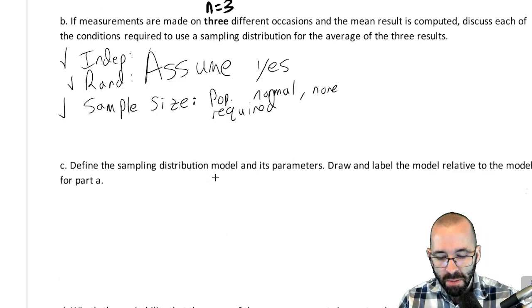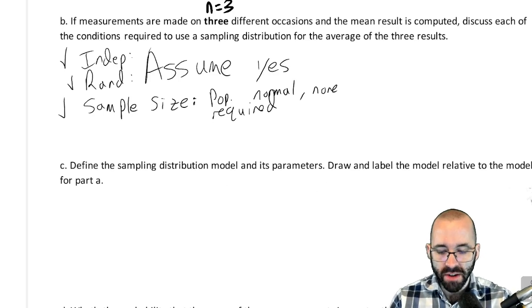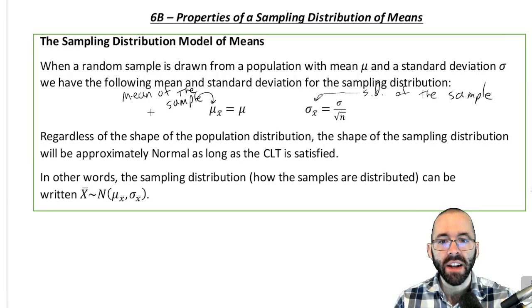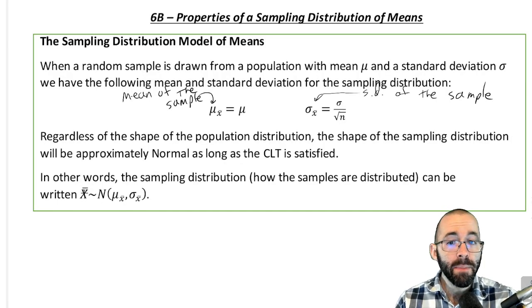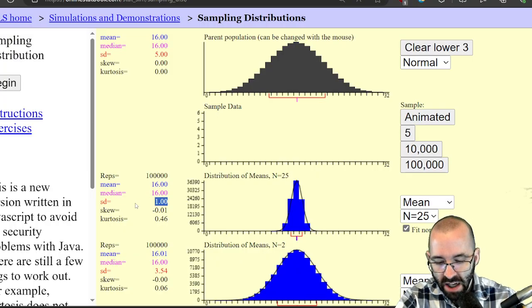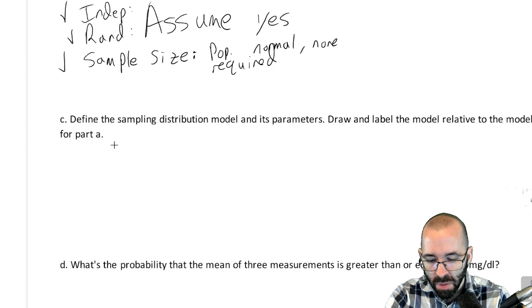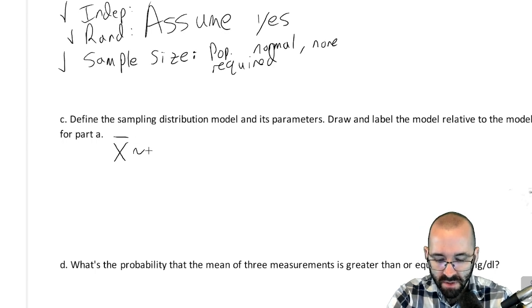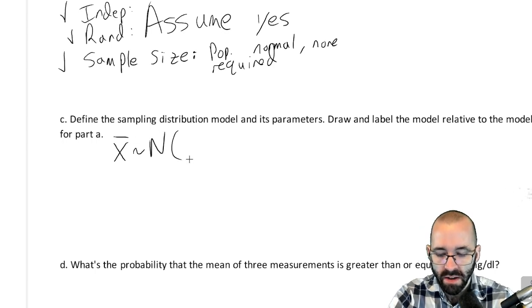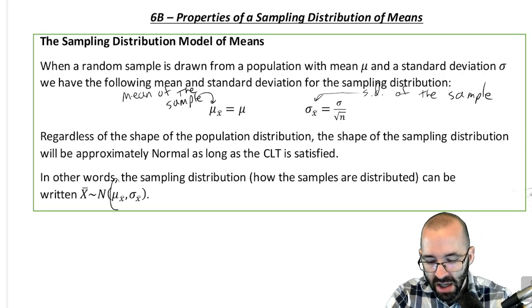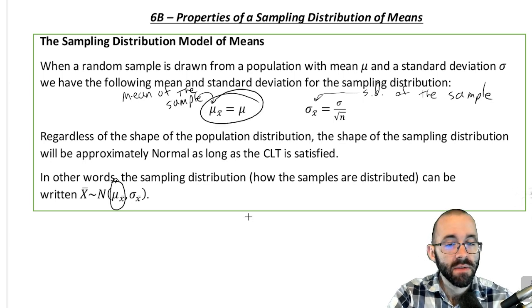So define the sampling distribution model and its parameters. So we know if these three things are satisfied, then the sample mean is going to be normally distributed with a certain mean and standard deviation. All right, so X bar, the sample mean, is going to be normally distributed. What's the mean of our sampling distribution?